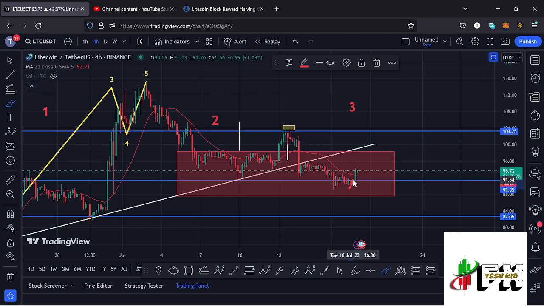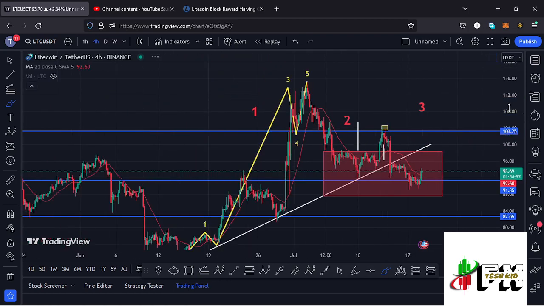Since we have managed to break above that, and we are also holding above the 20-day MA here on the 4-hour chart, there are high chances that Litecoin is going to continue gearing up to the next key area of resistance at around the $97.65 mark, and with a break above that and maybe a successful retest, we can see a break above the $100 mark once more here on the Litecoin chart.